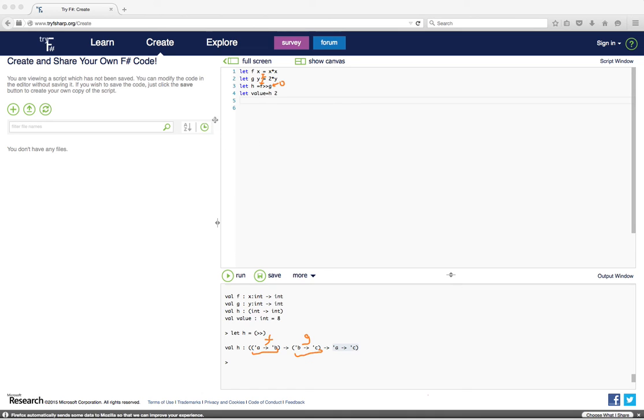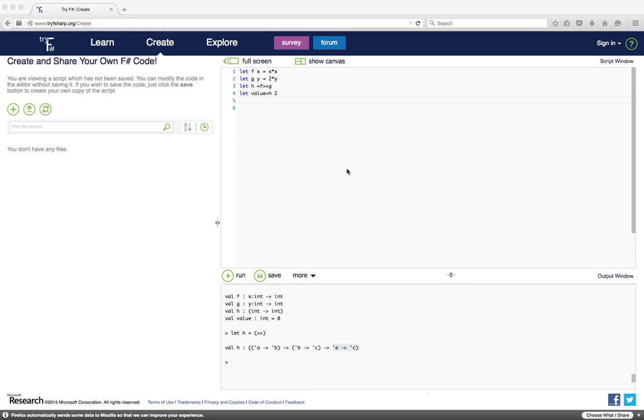If f is the inner function and x equals 2, f of 2 is going to be 4, and then g of f of 2 is 4 times 2, which is 8. So I expect this value to be equal to 8.